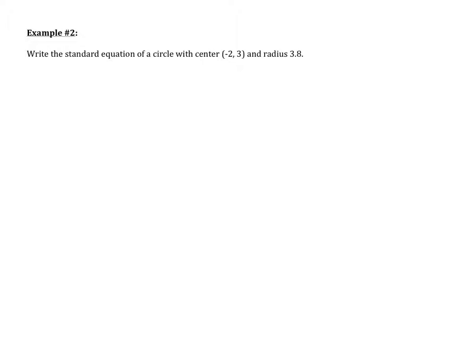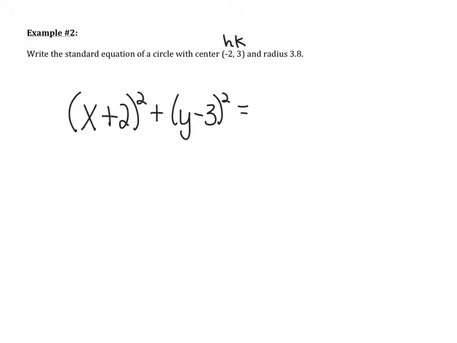Write the standard equation of a circle with center at negative 2, 3, and a radius of 3.8. So negative 2 would be our h value, and 3 would be the k value, and of course r is 3.8. So our equation would look like x minus the h value, so it would be minus negative 2, so it changes to plus 2, and then we square it, plus y minus the k value, so it would be minus 3 squared, and then we need to square the 3.8.